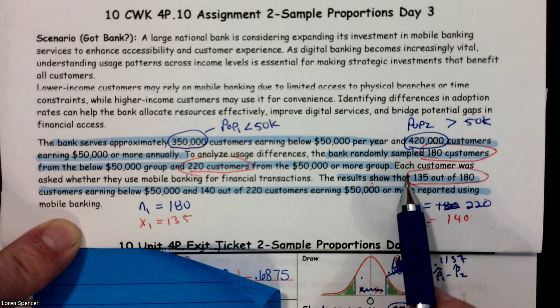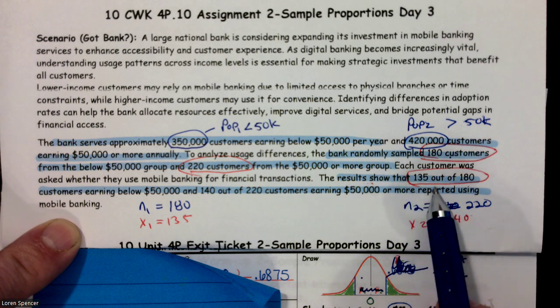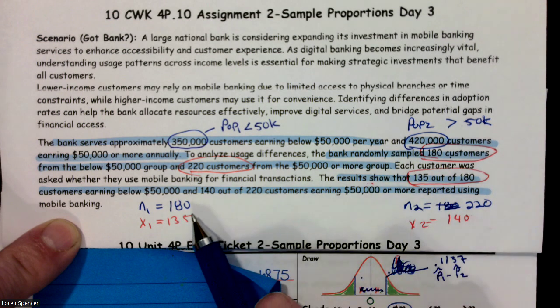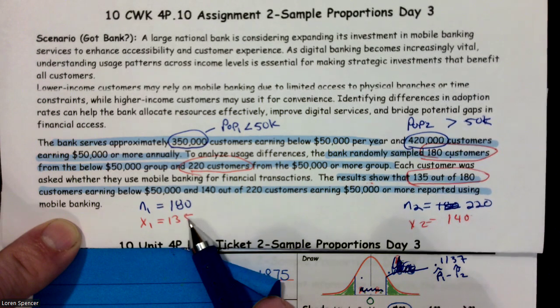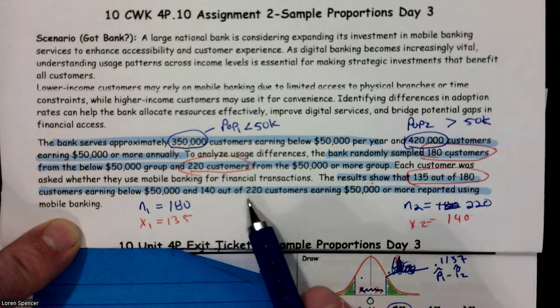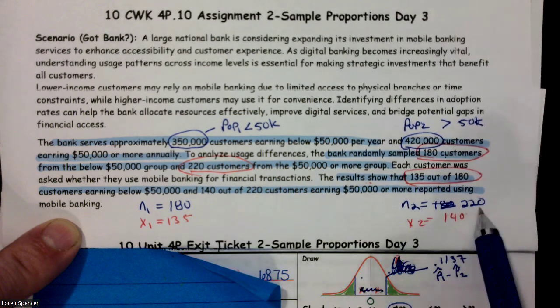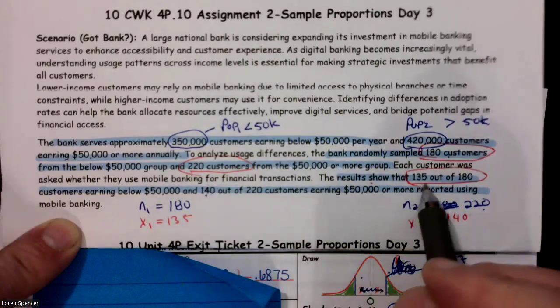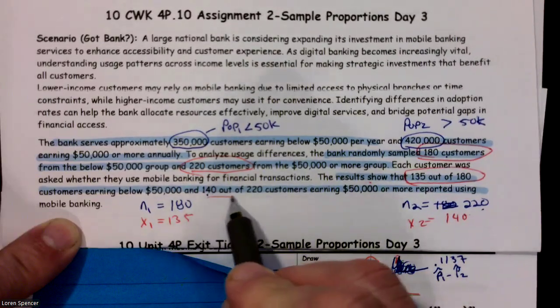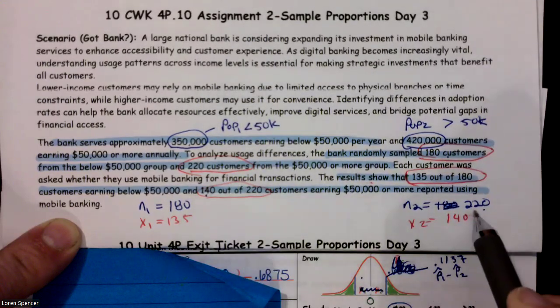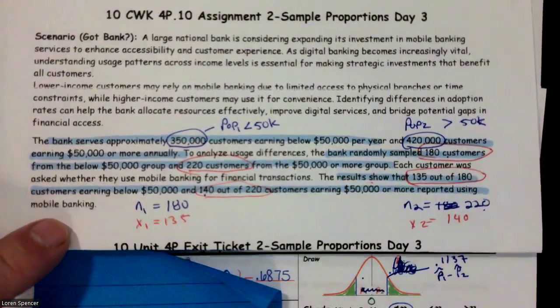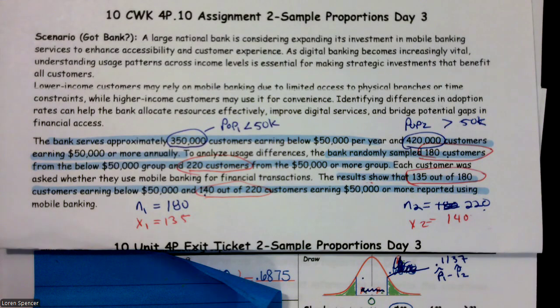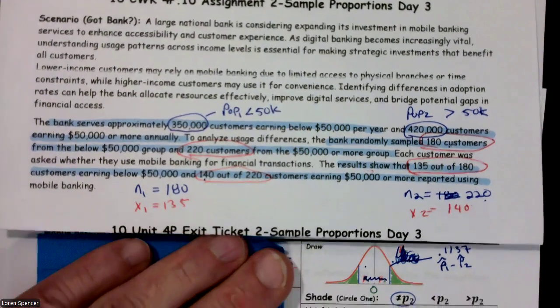The results show that 135 out of 180 earning below 50,000 would use it, versus 140 out of the 220 for the other group. So this is our x1. Our x1 was 135 out of 180, and 140 is our x2 out of the second population.